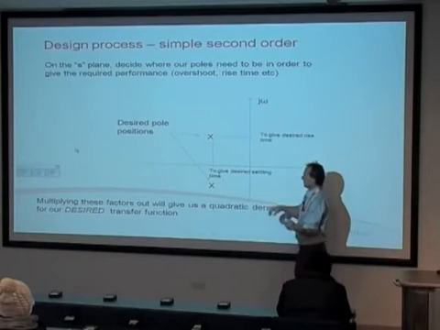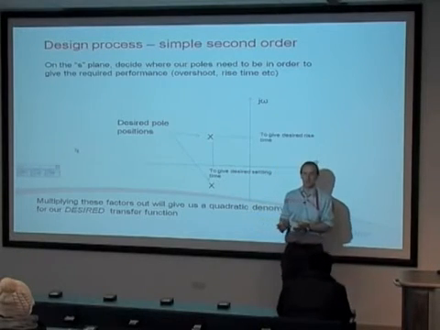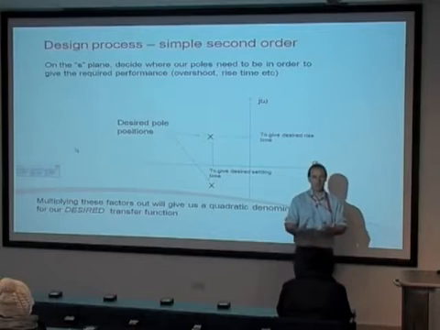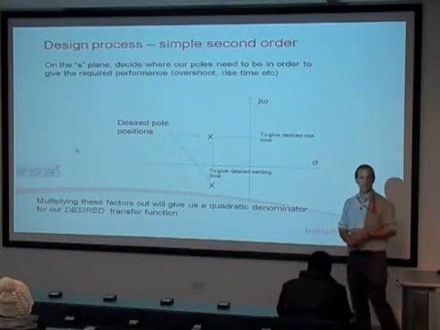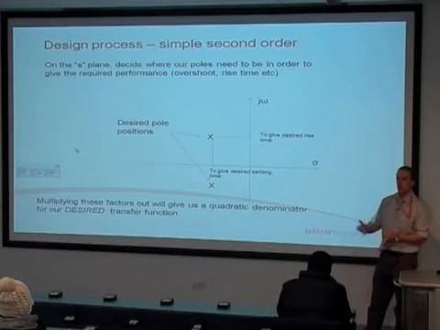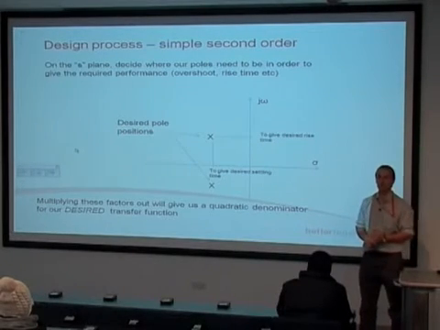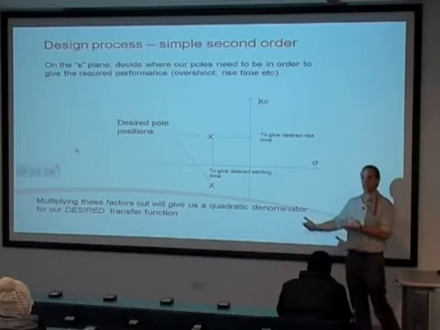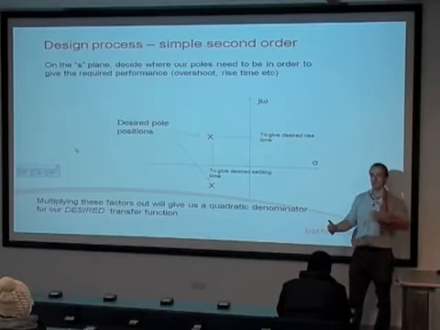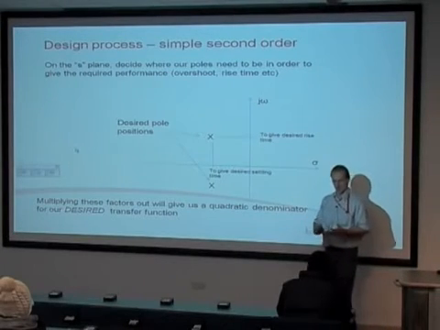So if we've got performance criteria, say your boss says, go and put a controller on that system and make sure that it's got a rise time of no less than 1 second and it doesn't overshoot more than 5%. 5% overshoot, you can relate to zeta values. We've got tables where you can look that up.